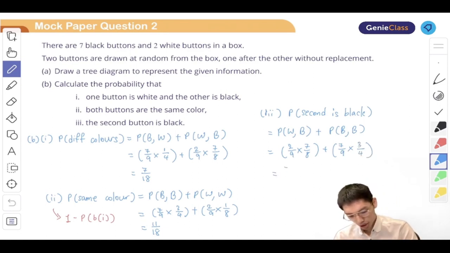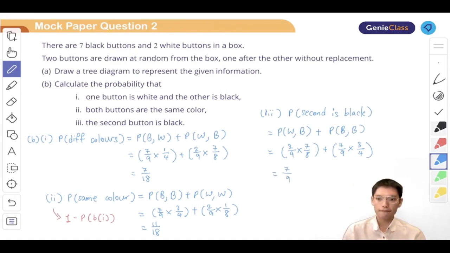Punching it into your calculator, you're going to get 7 over 9. So you realize this is very important in terms of my tree diagram because that is where I get my probabilities that we need to go through.